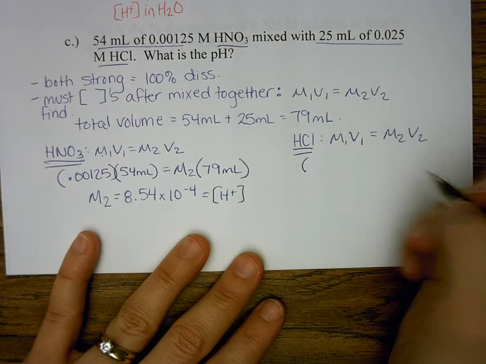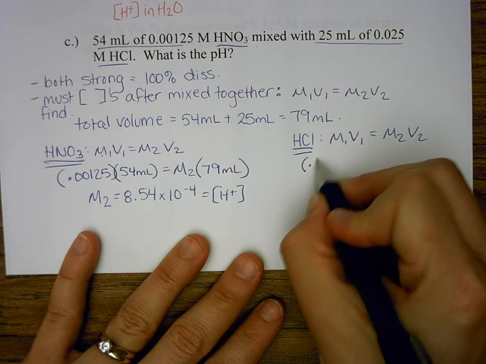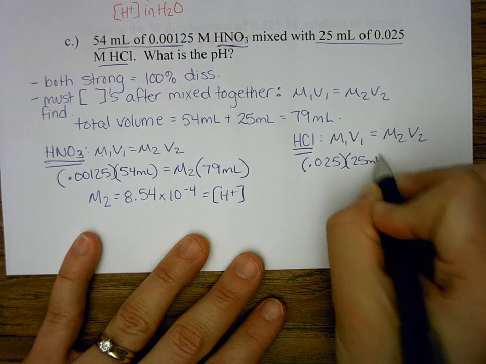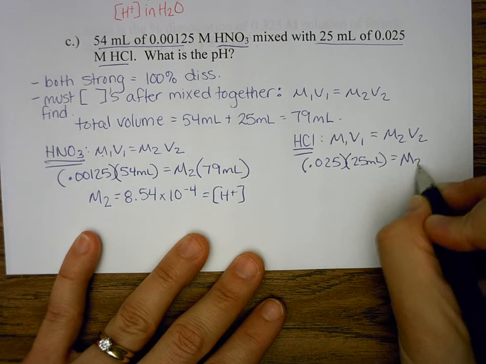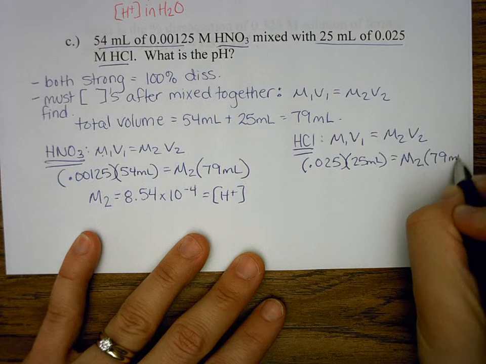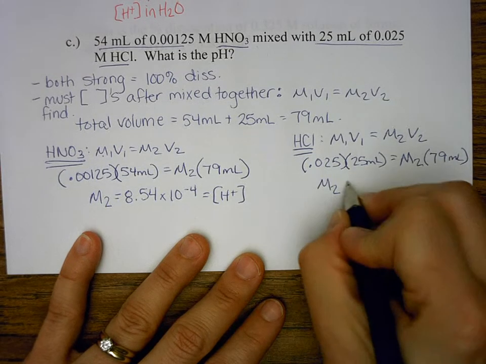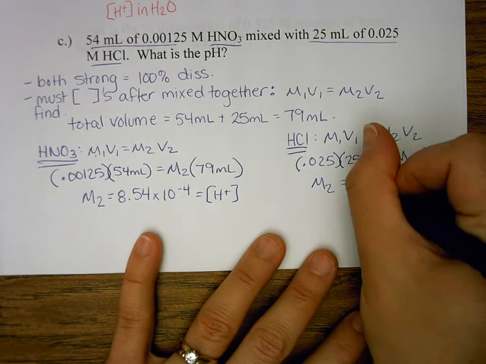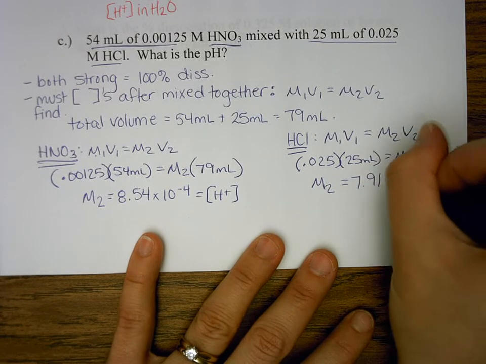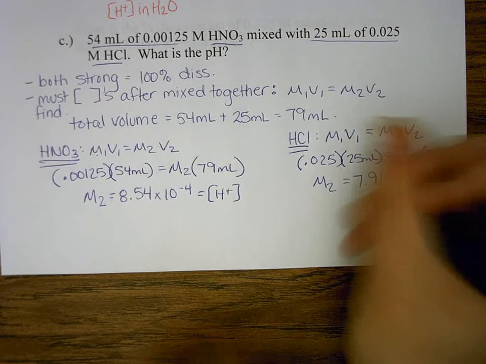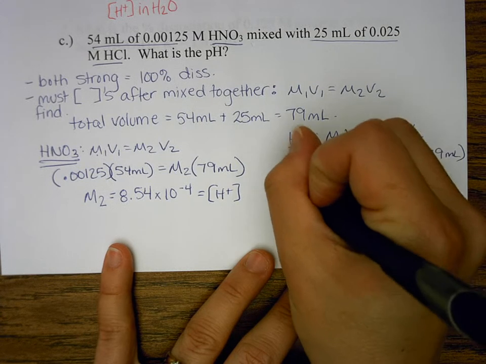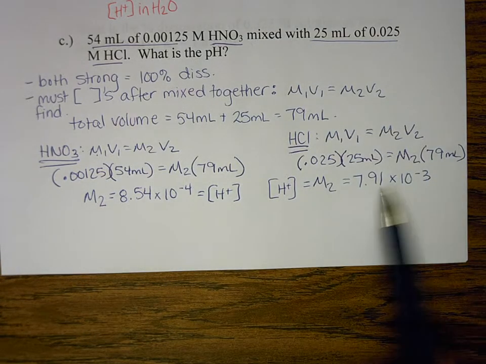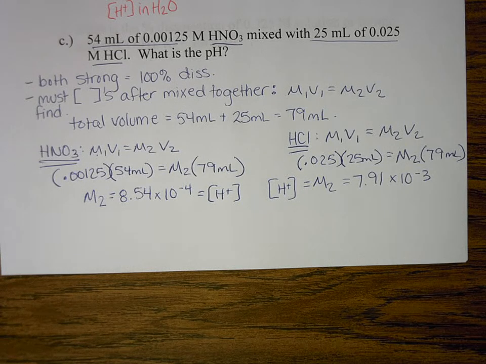My initial molarity for HCl is 0.025. That volume is 25 milliliters. M2, final volume, 79 milliliters. That molarity, M2, is 7.91 times 10 to the negative 3. That's equal to the concentration of HCl, which when it fully dissociates is the same as the concentration of hydrogen ions that come from that.